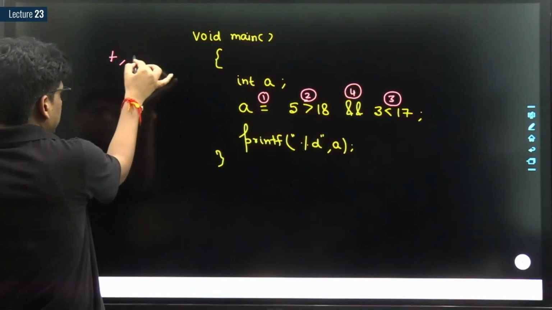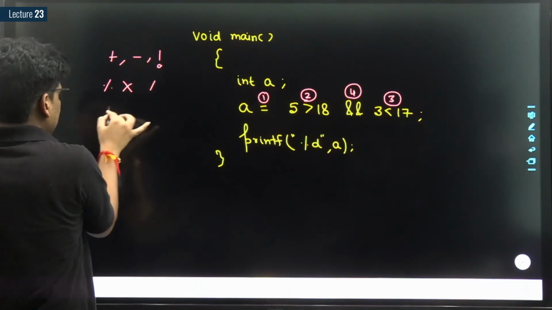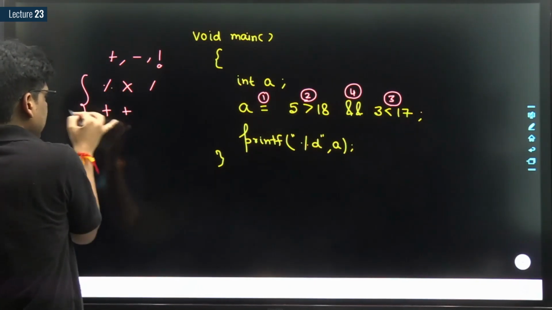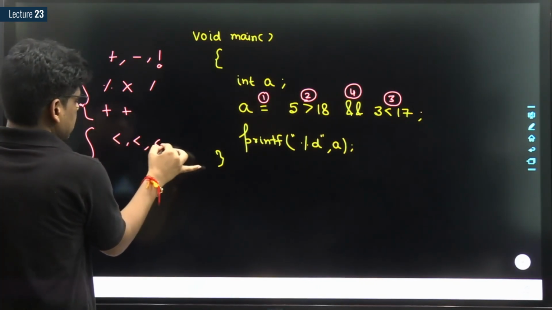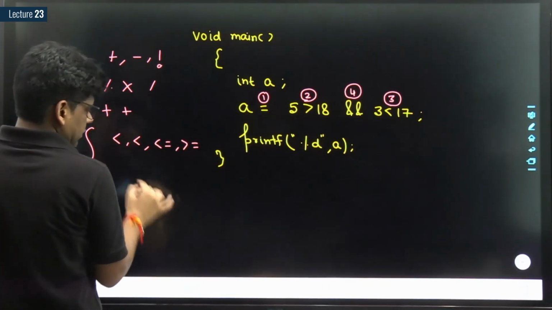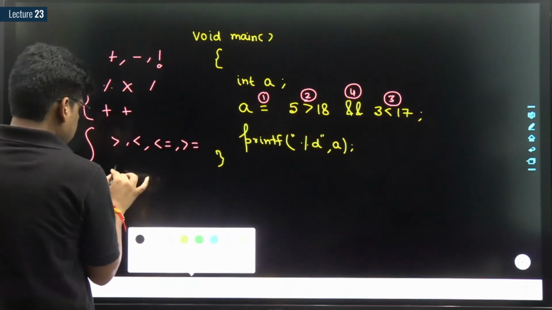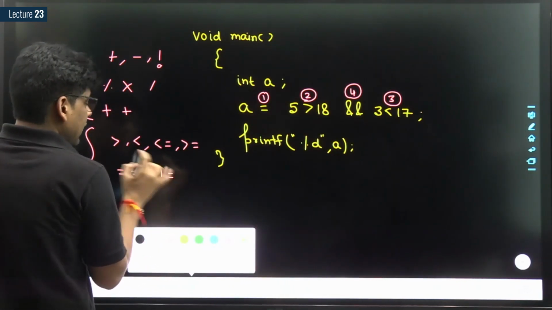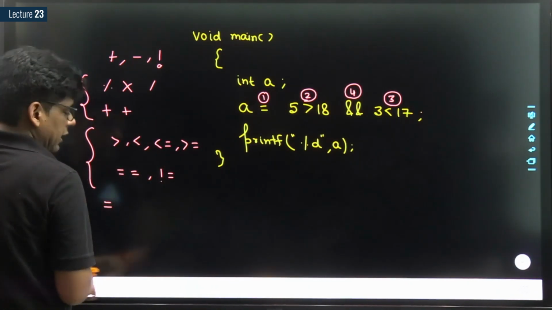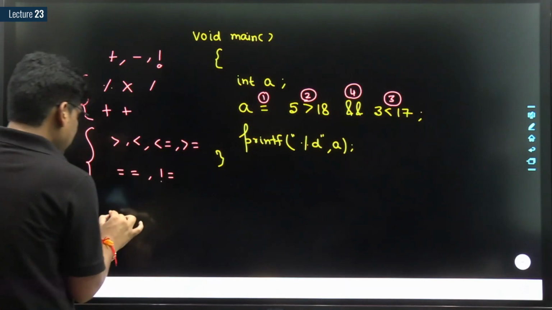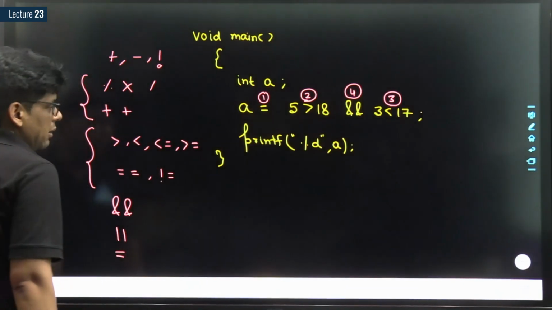First we have unary operators, then arithmetic operators, then relational operators, then logical AND, logical OR, and then the assignment operator.